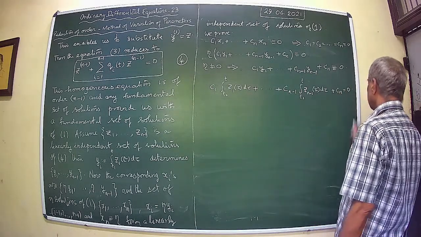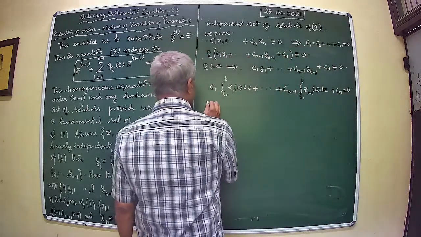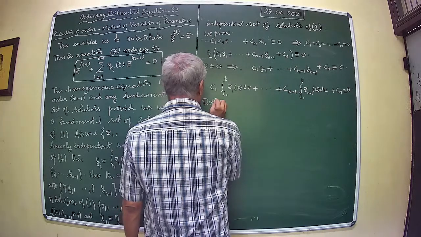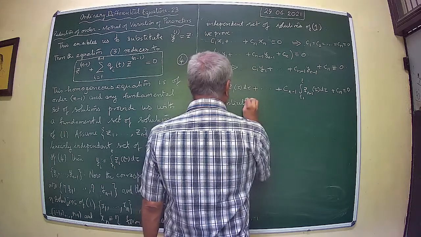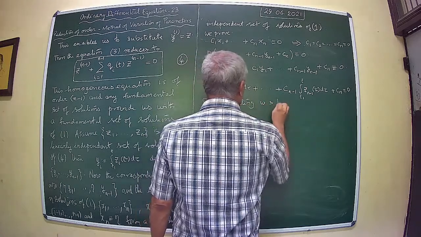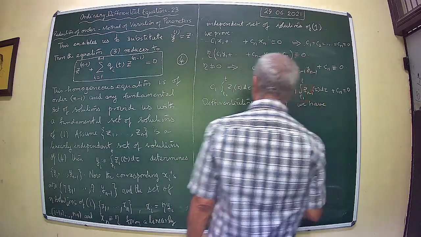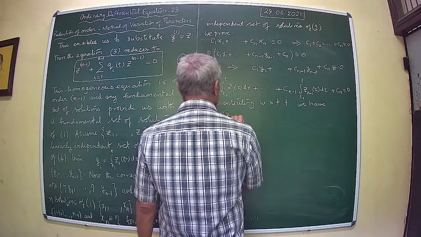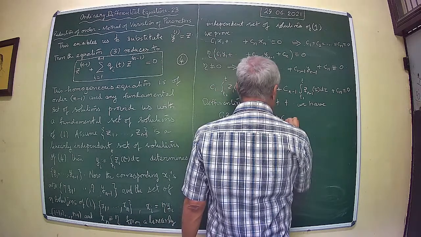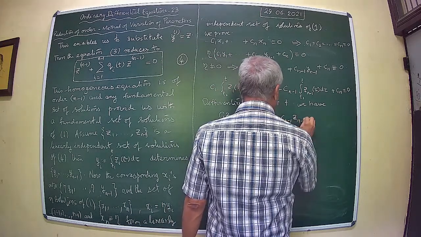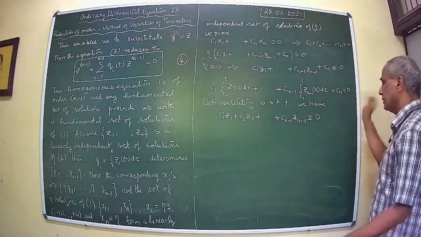Equal to 0. This is identically equal to 0. Now you differentiate. Differentiating with respect to t, we have identically equal to 0 because this is a constant, so that goes off.